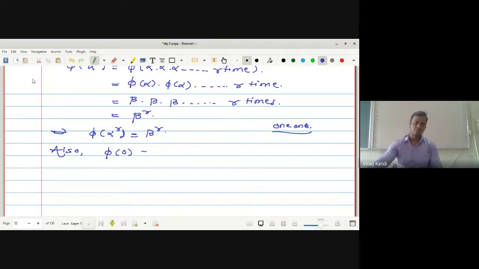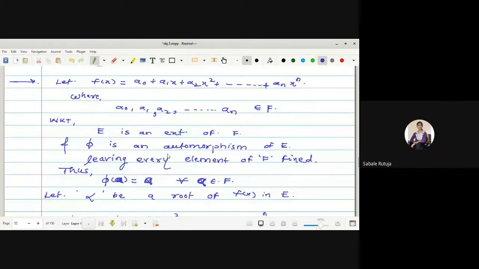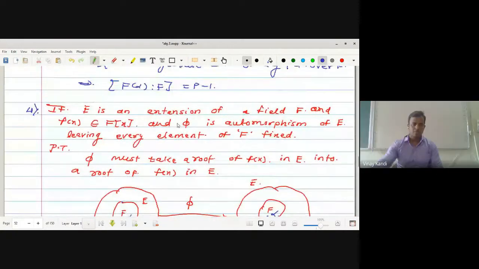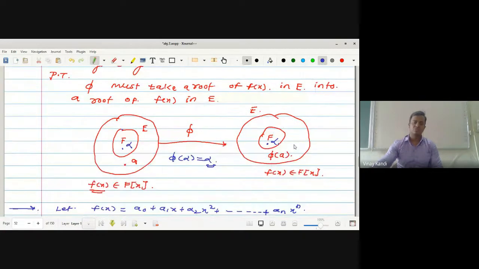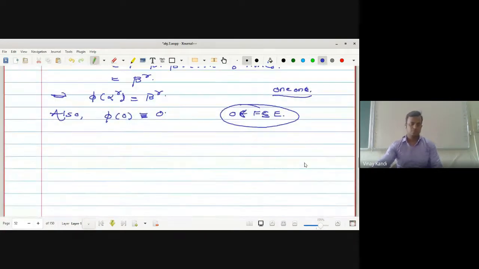Okay, phi leaves every element of F fixed. If F is fixed, what will happen? Which set does the 0 element belong to? It belongs to F. Okay, this is the reason. Is it correct? Leaving every element of F fixed. Okay, so here phi of 0 is equal to 0.